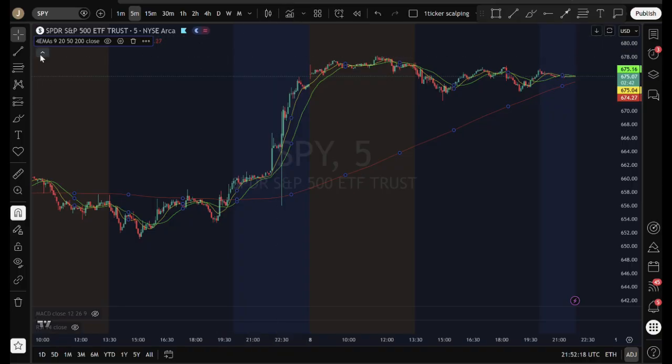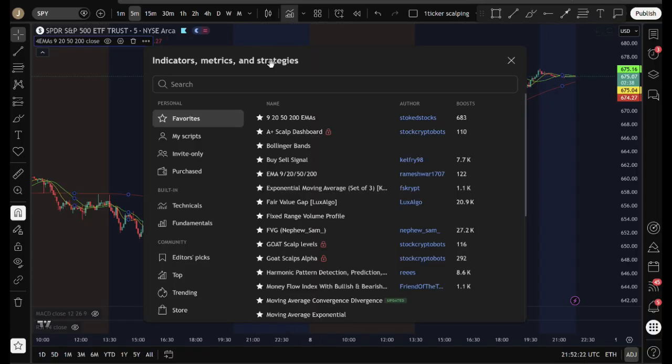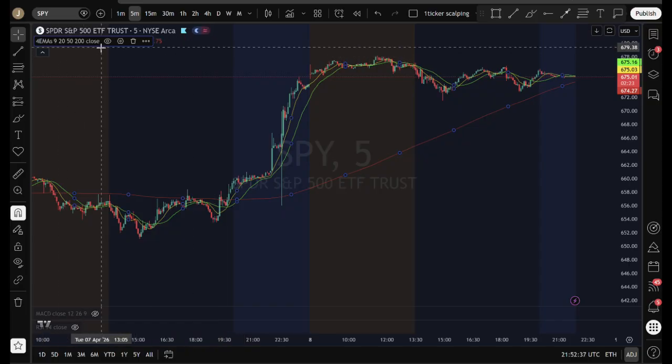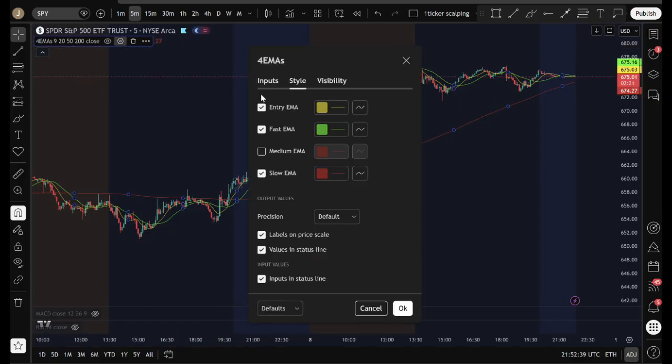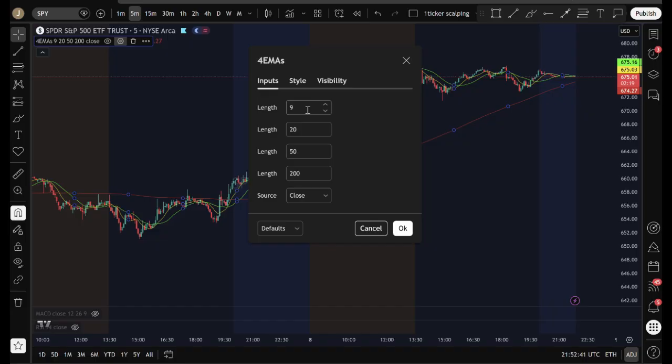And if you're on TradingView, what I use is I go here to indicators. You can type in EMA and look for the 9, 20, 50, 200 EMAs. You can change the length.